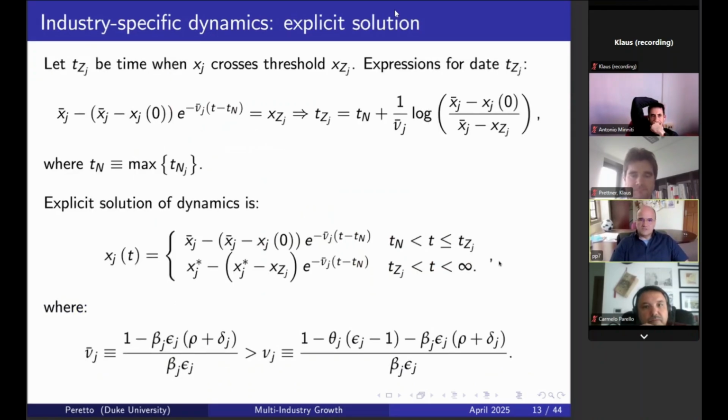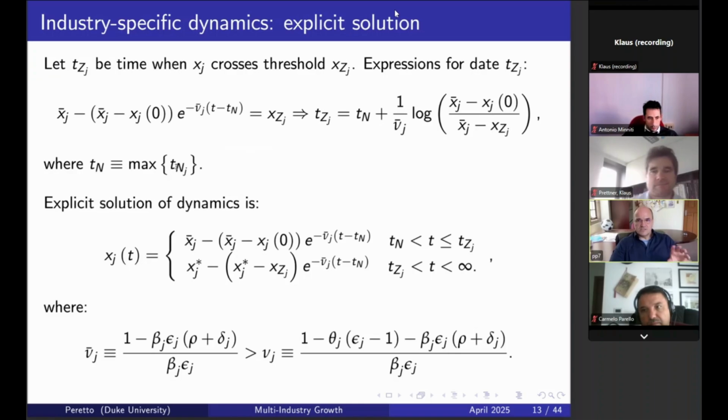The solution procedure is the same that we follow to solve the aggregate model. The difference is that you don't have an analytical solution for the date at which the free entry regime holds, because that date is the max between the industry specific dates at which the free entry condition starts holding in each industry.